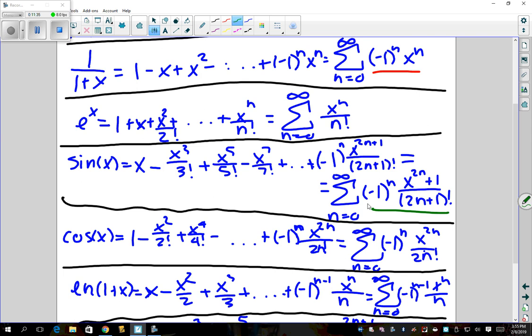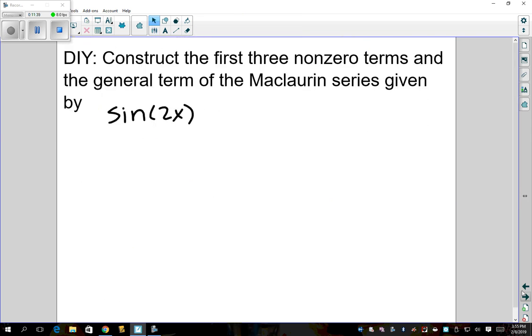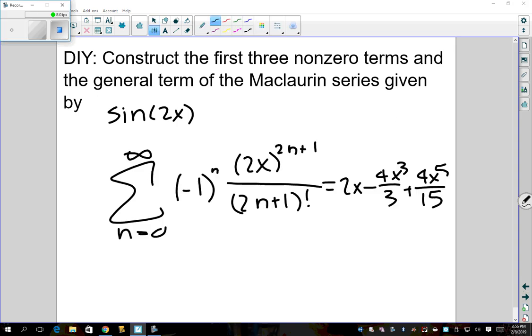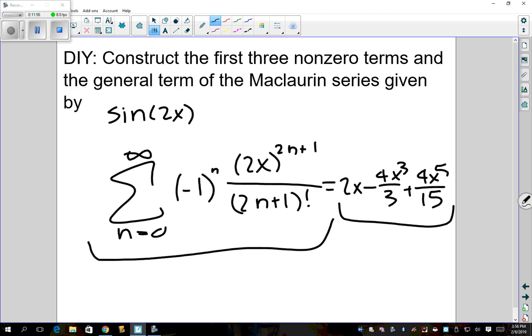Really similar to our power series, instead of sine x, I would like you to try to construct sine of 2x. So go ahead, pause the video, take a minute, try to figure it out if you can. So all we're really doing is plugging in 2x instead of x, and this is the general term, and these are the first 3 terms of the series.